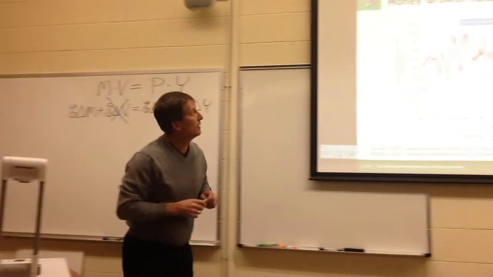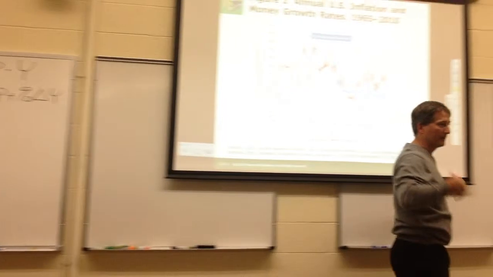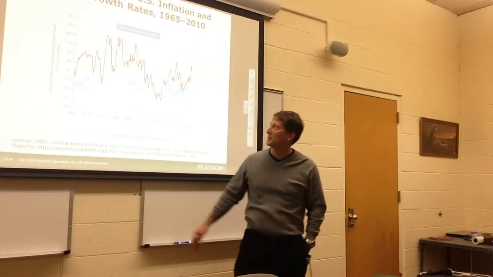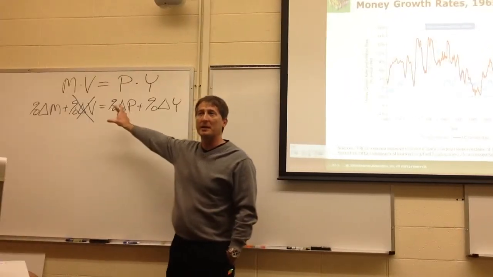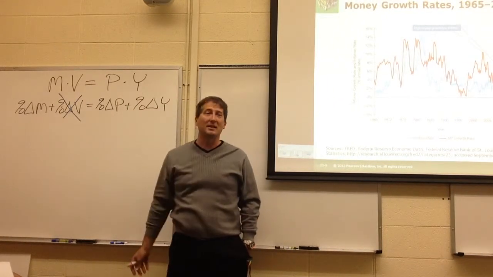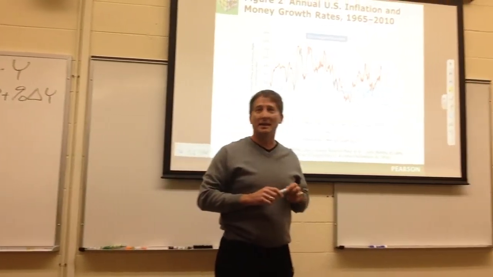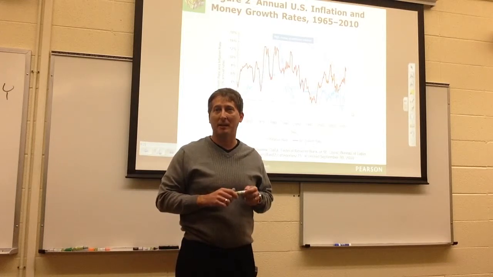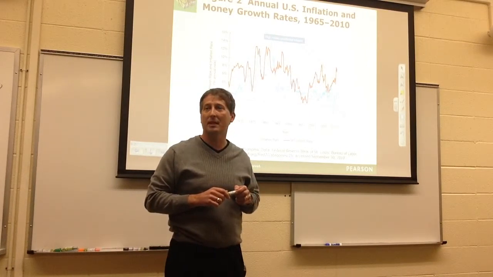So the short of the story is the quantity theory of money, through what economists have tested, doesn't hold as much water in the short run, over a shorter period of time. And you guys have observed that with some of the papers you've done, because what has the Fed done since 2008 in terms of money supply growth? Has it been increased or decreased?